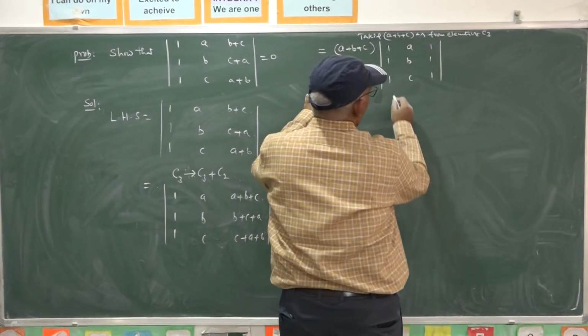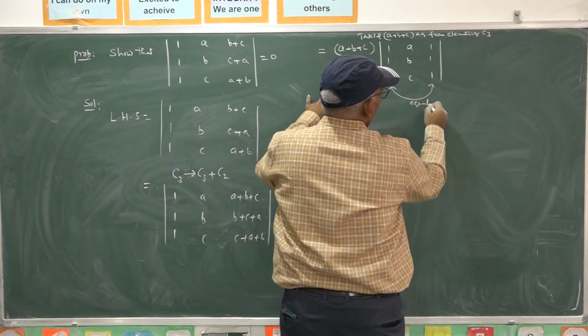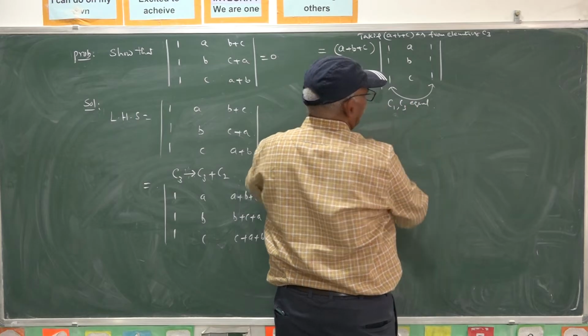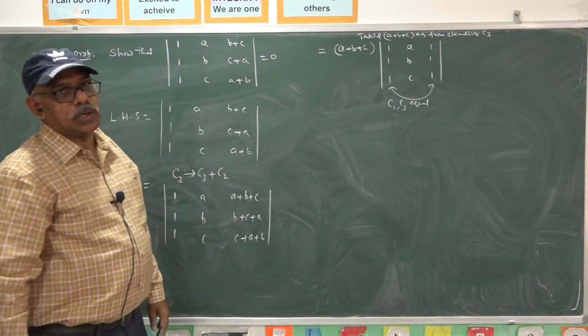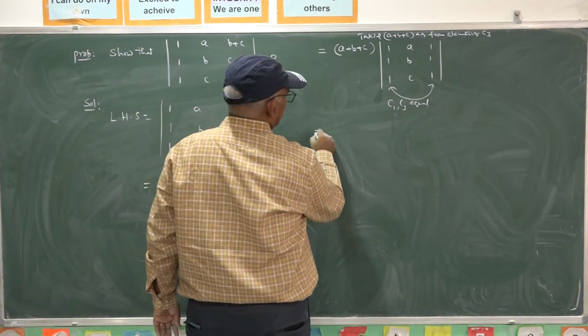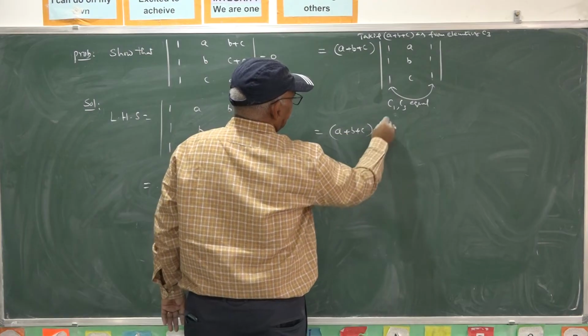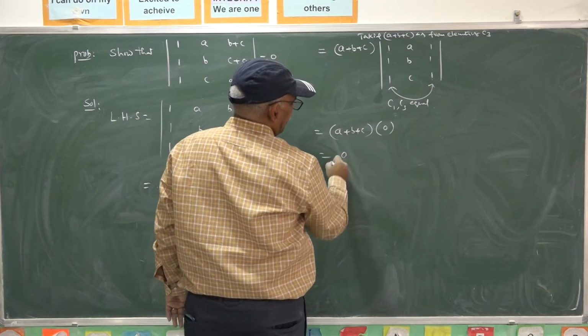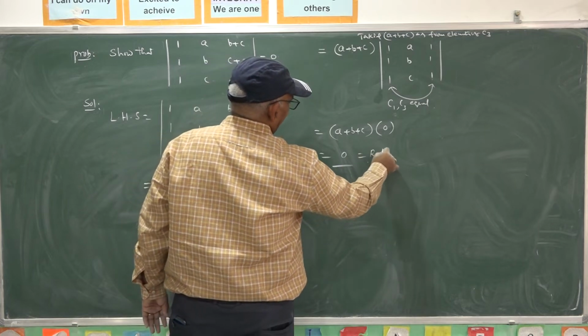In this determinant, these two columns are equal. Column 1 elements and column 3 elements are equal. Hence, the determinant value is 0. Therefore, A plus B plus C into the determinant value 0. Hence, the required determinant is 0, which is the RHS.